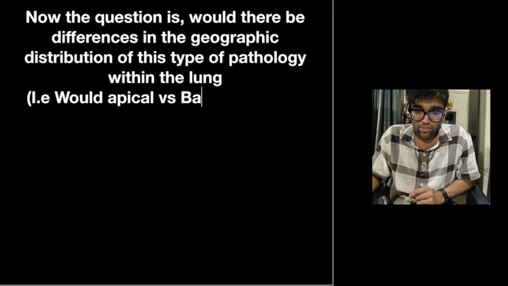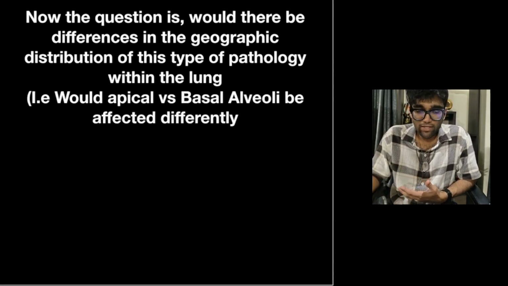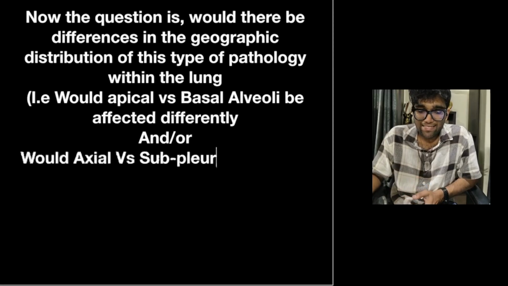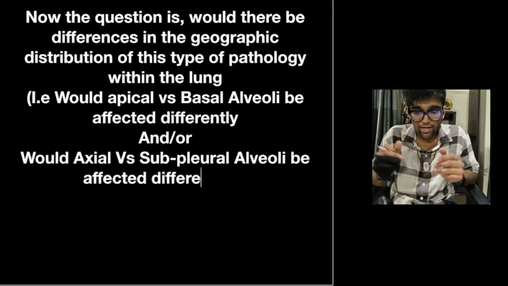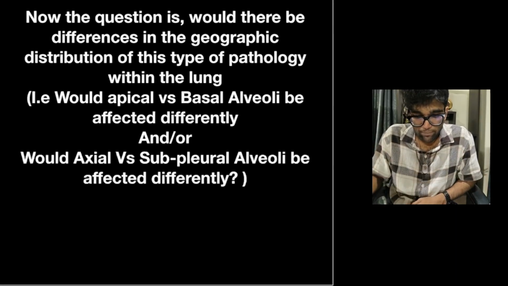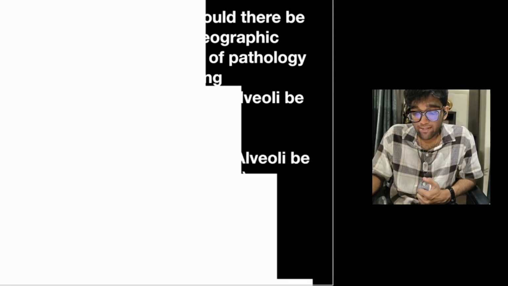That is, would there be a difference between the apical versus basal alveoli in terms of how they are affected, and would there be any differences in the involvement of axial alveoli, that is towards the center of the lung, versus subpleural alveoli? Would they be affected differently? So obviously the answer is yes, and we'll try to deduce why that is the case.